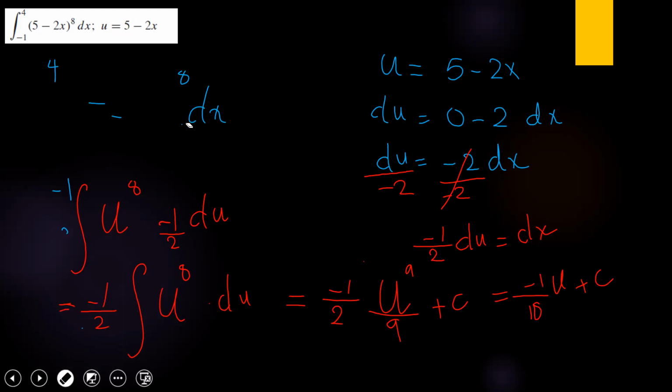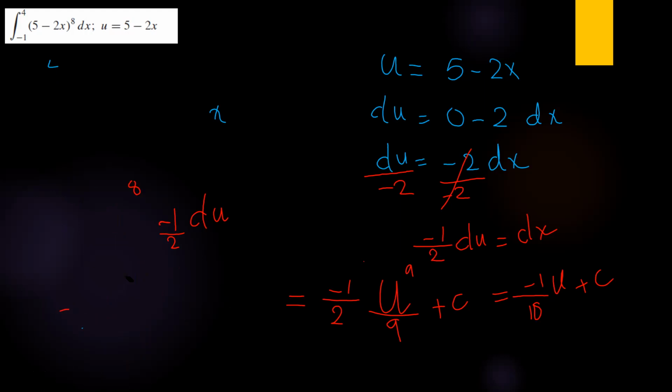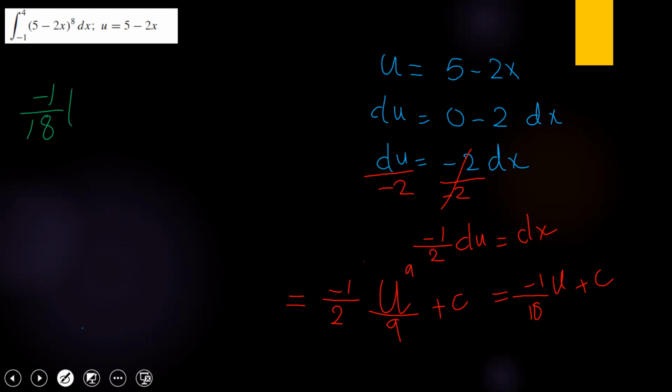U to the power 9, teacher. Okay, I will write so. Then here, after I integrate, we find it as negative 1 over 18 u to the power 9 plus c.